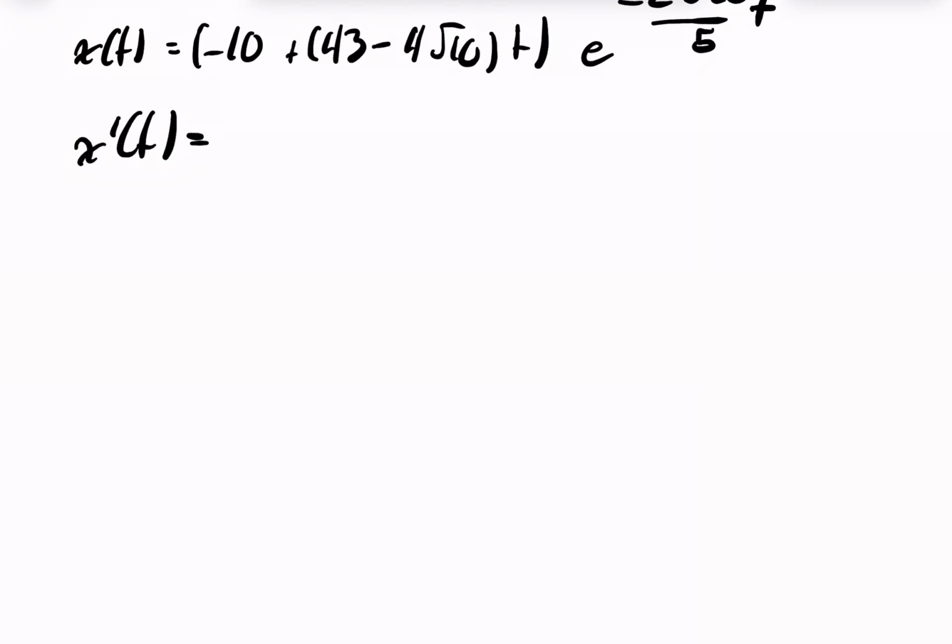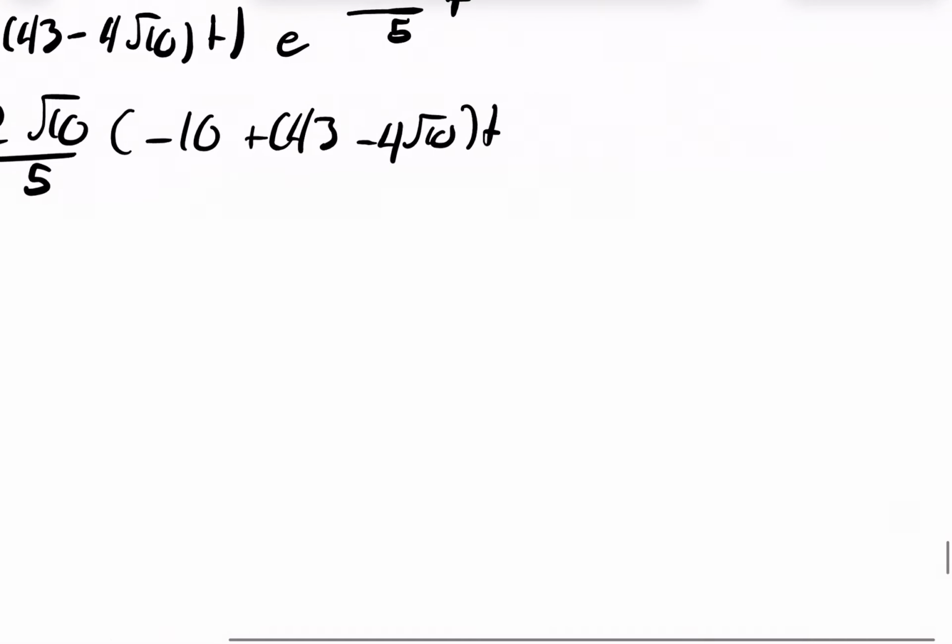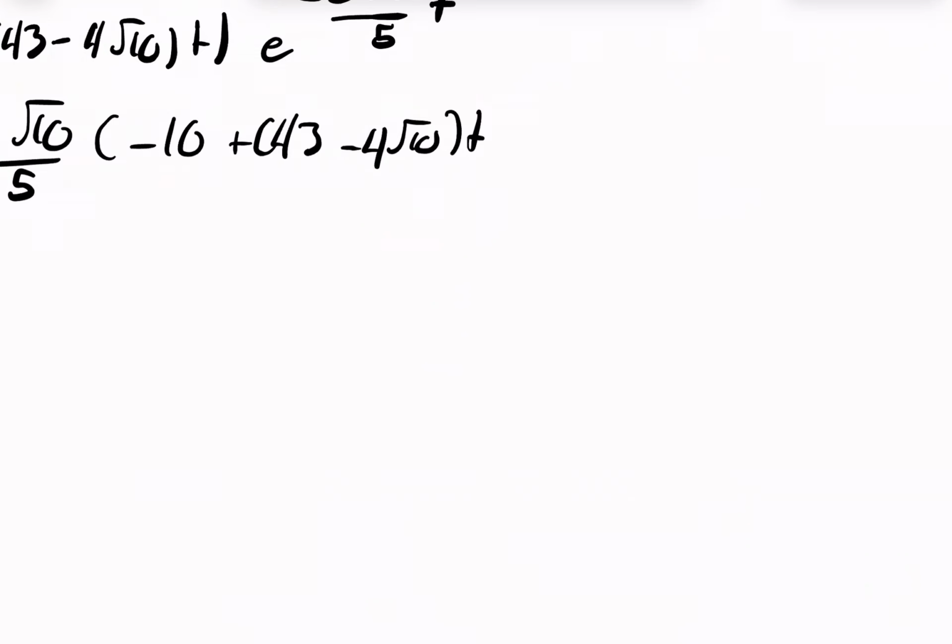So, negative 2 root 10 over 5, and negative 10, plus 43 minus 4 root 10 t, okay, plus 43 minus 4 root 10.